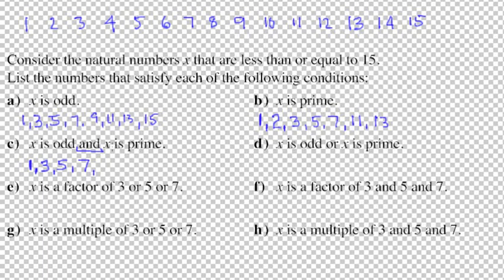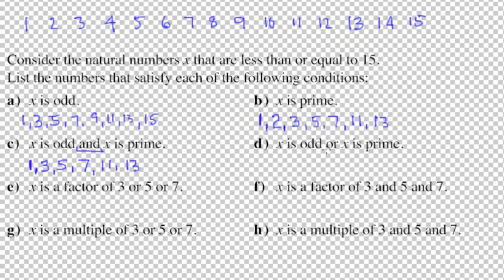You have to be both of these things to qualify for group C. 11 is odd and prime. 13 is odd and prime. 15 is odd but not prime. So there's our list. When they say and, it's got to be something that appears in both categories.